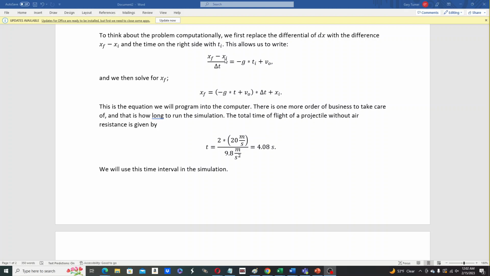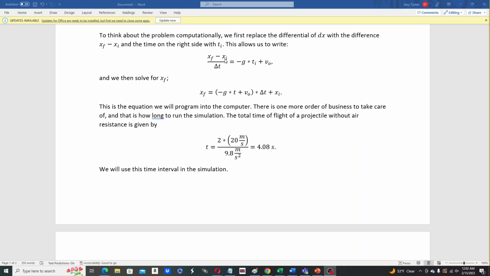In principle, you could take delta t and write it out explicitly as tf minus ti, but as you'll see in the computation, it's actually easier just to leave it in this form, delta t or dt. Remember that it just represents the time interval at which you're going to measure each successive point in space, or your x values.